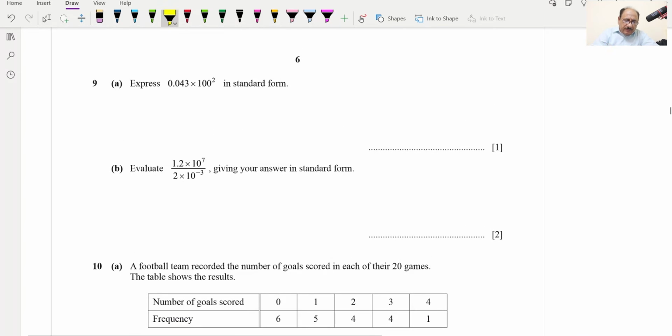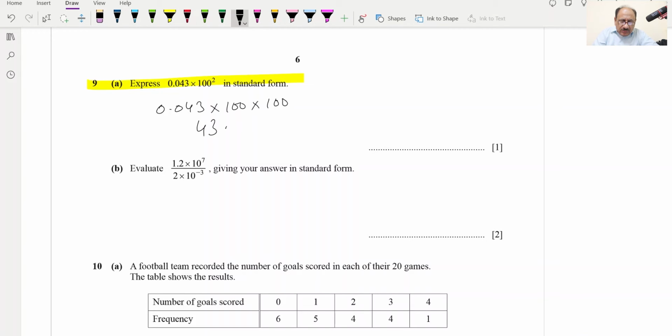Next is question number 9. Express this in standard form. Standard form, you know, is when we have the decimal after the first non-zero number. So we can rewrite it as 0.043 into 100 squared. We can write 100 into 100. If we multiply these two, we will get 43.